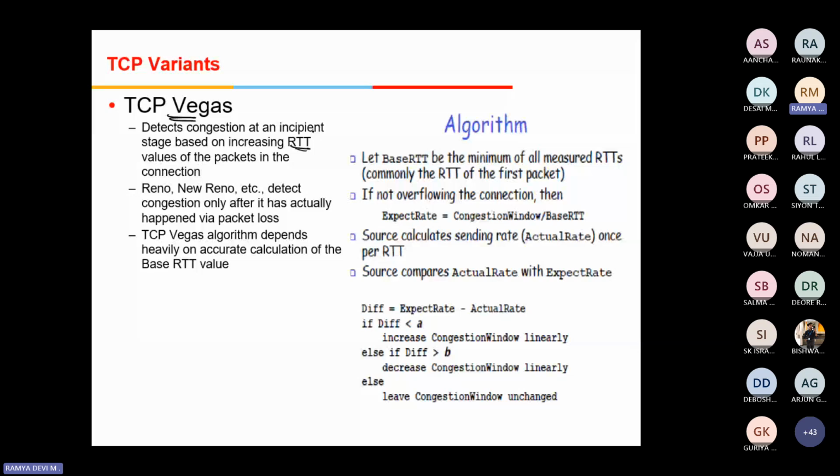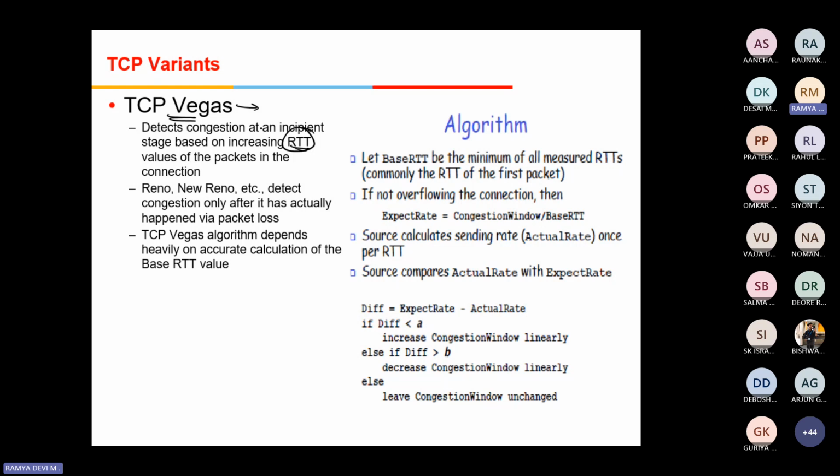Instead of waiting for the three duplicate acknowledgements or timeouts, Vegas uses another value, RTT, round trip time, to indicate whether congestion has happened or not. So TCP Vegas is congestion avoidance.